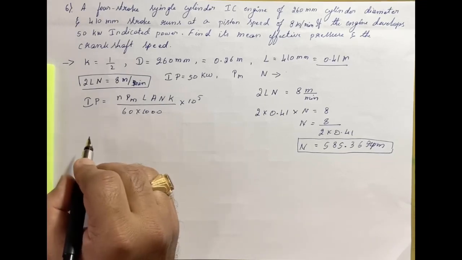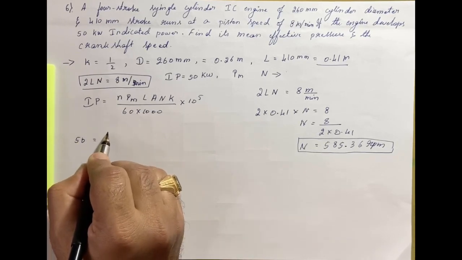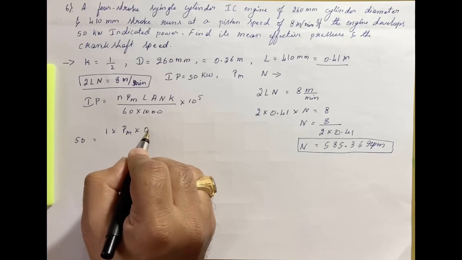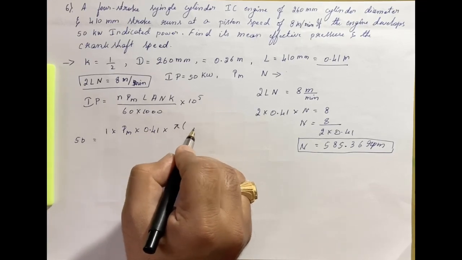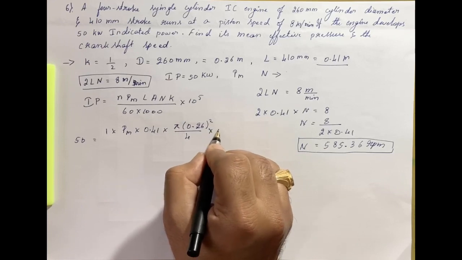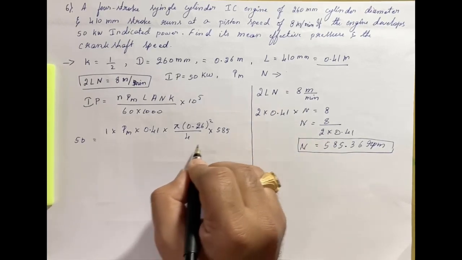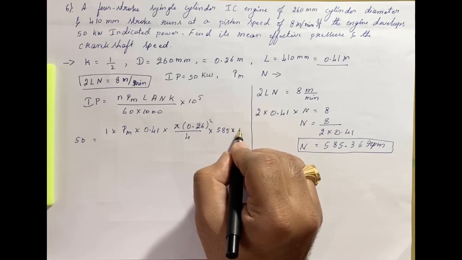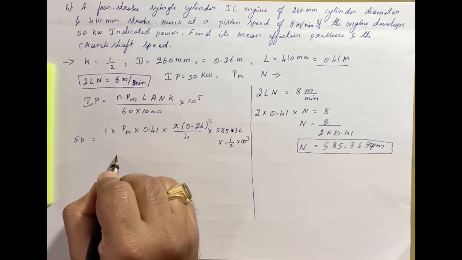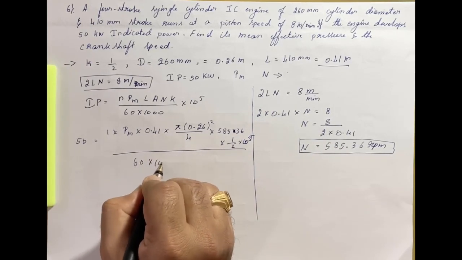Now I can substitute directly. IP is given as 50 kilowatts. 50 is equal to N, number of cylinders 1 since he has not given, and PM is what we need to find, into L 0.41, into area pi d square by 4 with diameter 0.26, into N 585.36, into K is half, into 10 power 5, whole divided by 60 into 1000.